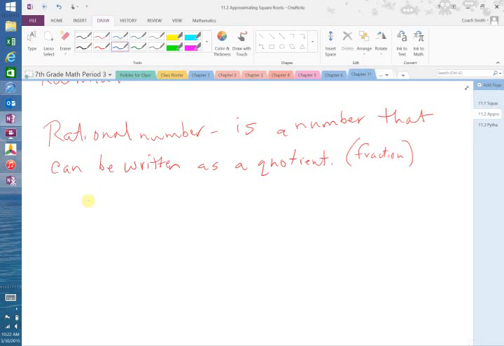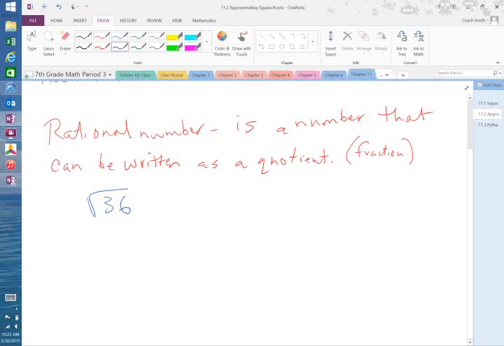If I take the square root of 36, the square root of 36 is what, Noah? 6. Can I write 6 as a fraction? Yes, I can. What is it as a fraction? 6 over 1. So, therefore, it has to be a rational number.